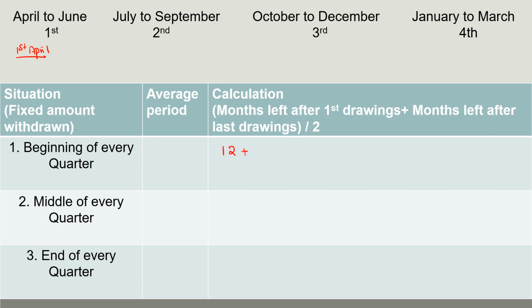Then the last withdrawal would be in the 4th quarter, but that is the beginning of the quarter, so the withdrawal will be made on January 1st. The number of months from January 1st till 31st March would be January, February and March. So the months left after the last drawing would be 3 months. So 12 plus 3 divided by 2, you get 15 by 2 or 7.5 months.